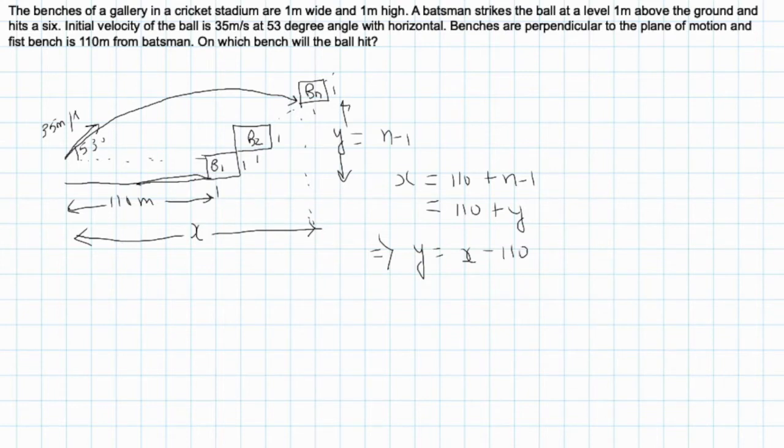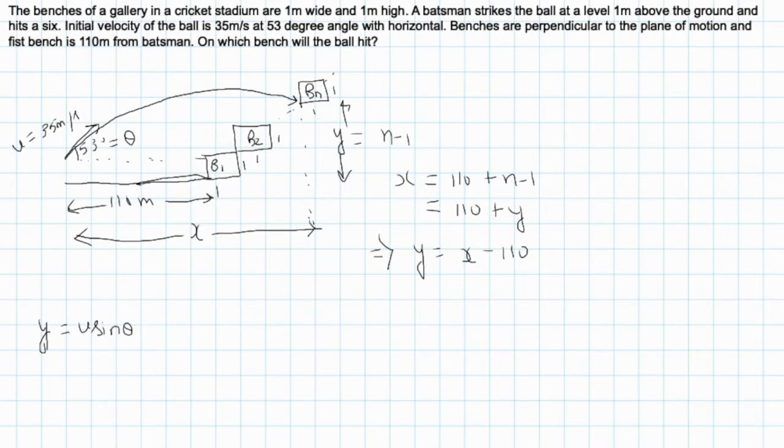Now if we use the equations of motion, then we can write y is equal to u sine theta. This 35 meters per second is u, and this 53 degrees is theta. Because we are writing the equation in the y direction, the velocity is u sine theta.